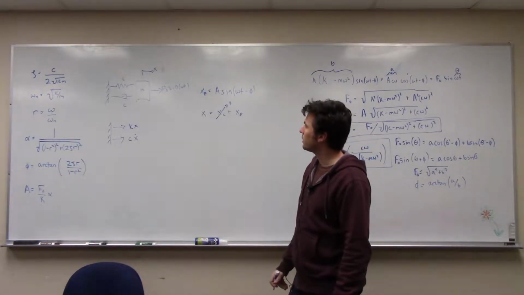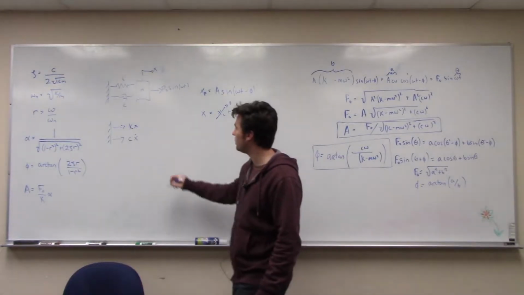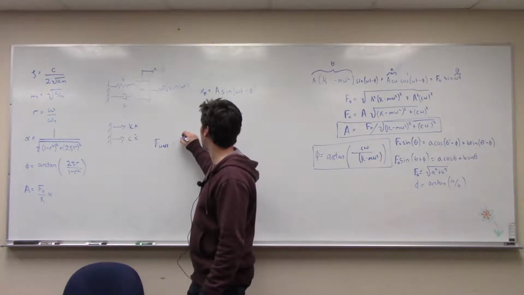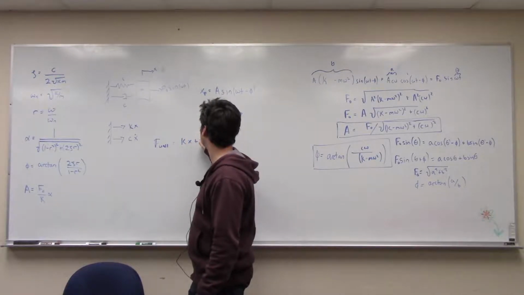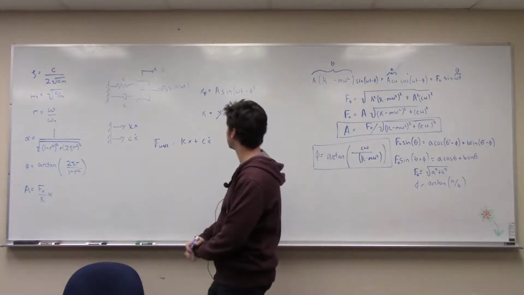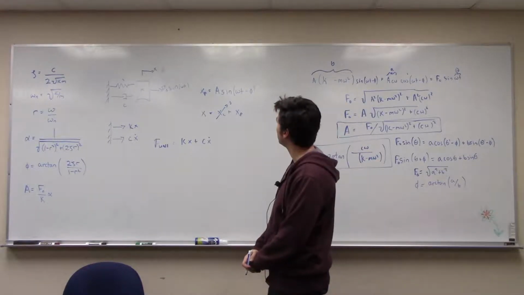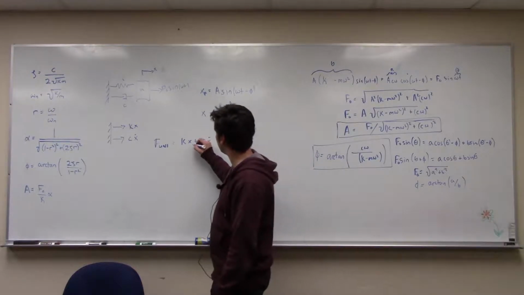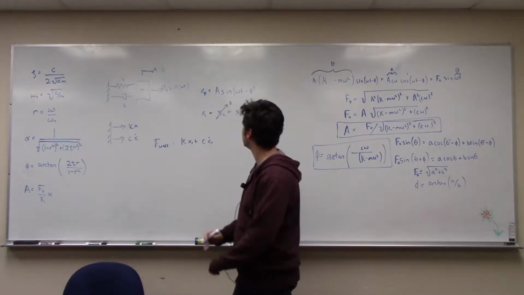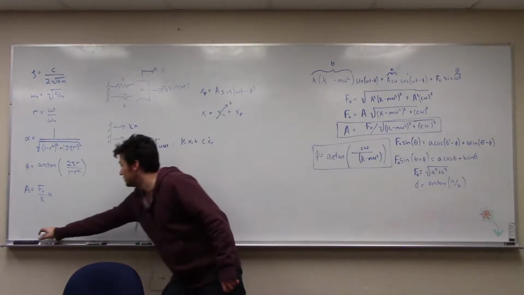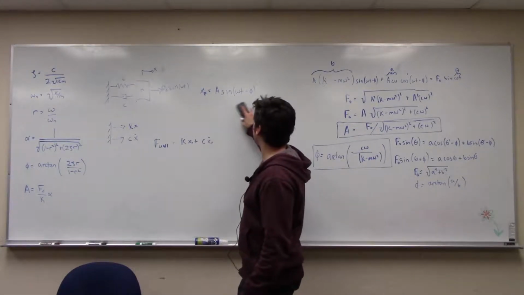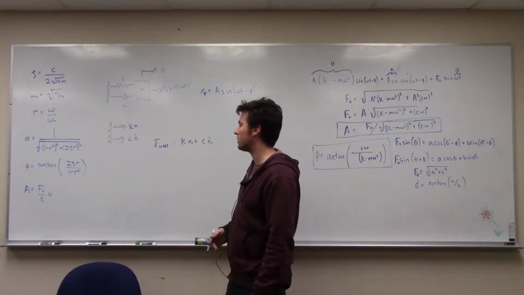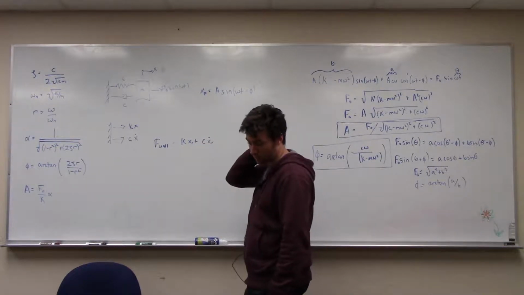So the combined force on the wall is kx plus c x dot. Let me be more careful: this is the particular solution. It turns out that's all that's important in the long run. Yes, there's some initial transient stuff, but let's only consider the long run.